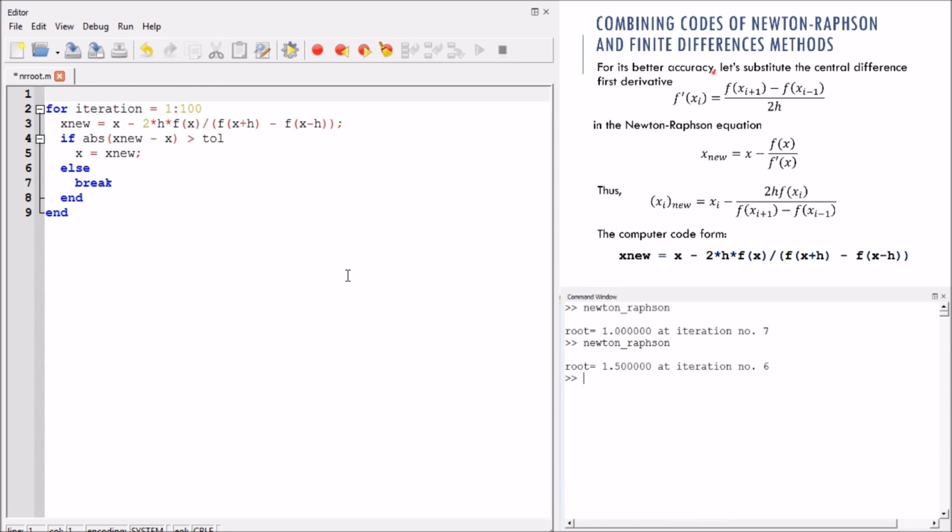And let's here add the head, or let's say the signature, of the function. So function NR root. The name of the function should be the same as the file name which it is contained in.